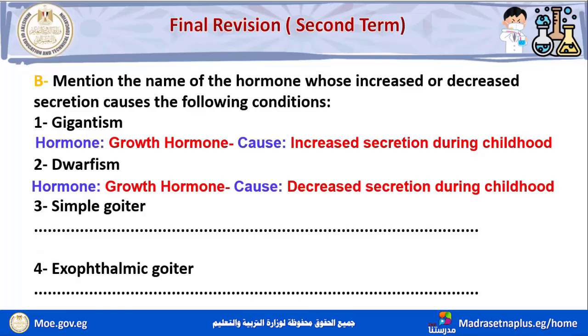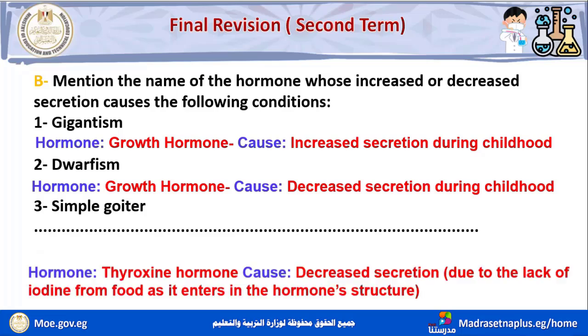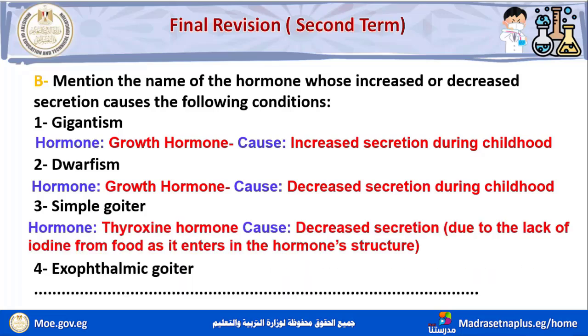Question number 3, simple goiter. Hormone: thyroxine hormone, caused by decreased secretion due to the lack of iodine from food, as it enters in the hormone's structure.